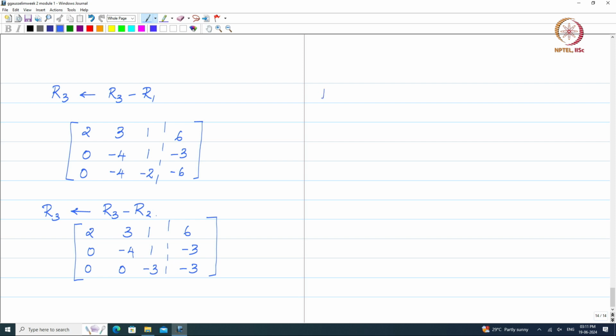Then R3 is divided by minus 3, and the matrix becomes 2 3 1 6, 0 minus 4 1 minus 3, last row 0 0 1 1.